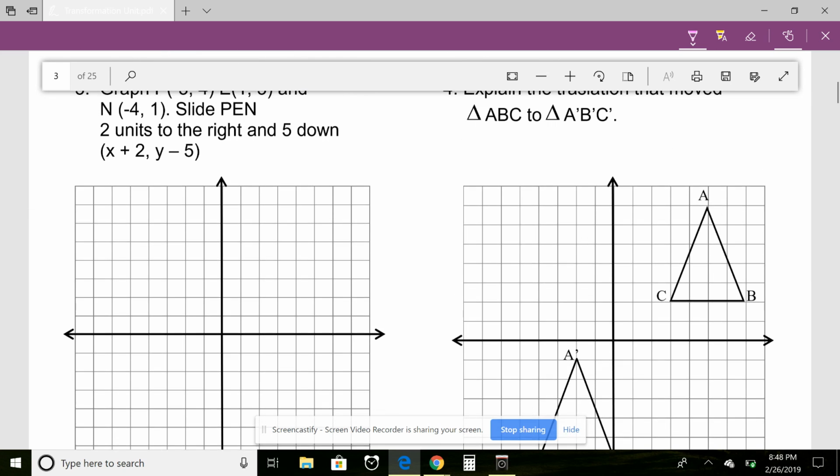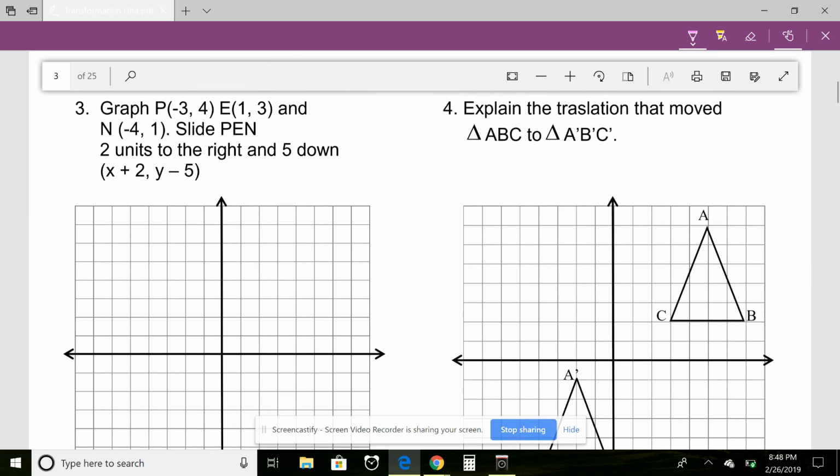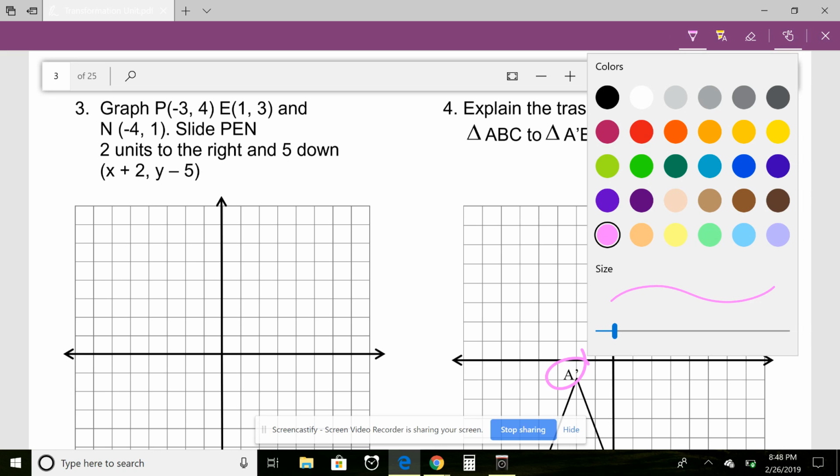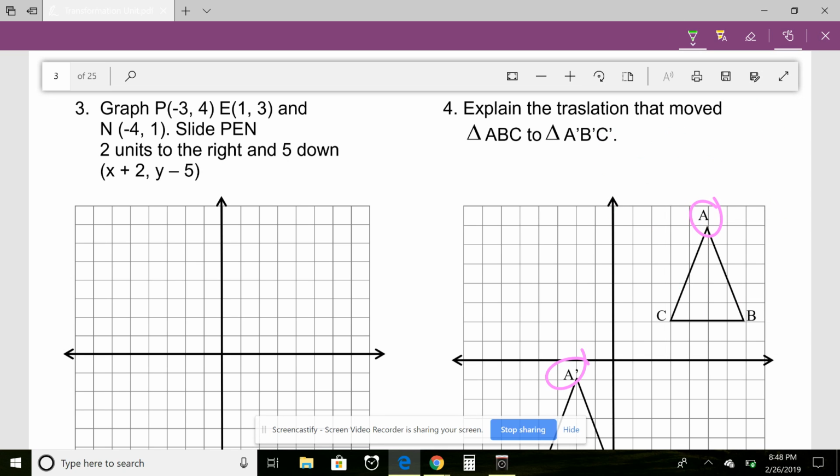All right. So if we look at number 4, we want to see how A gets to A prime. So we first start off left and right. So it's going to go left 1, 2, 3, 4, 5, 6, 7. So if it's going to go left 7, it's going to go x minus 7.